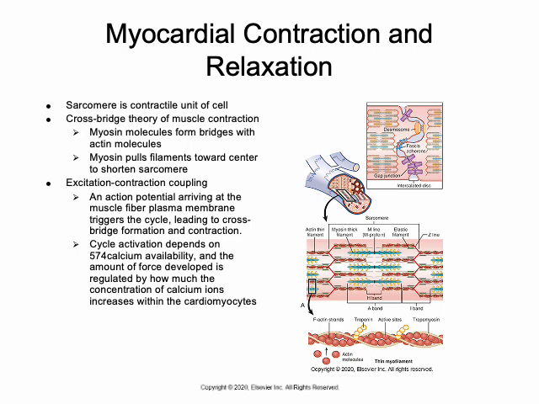The cycle activation depends on calcium availability, and the amount of force developed is regulated by how much the concentration of calcium ions increases within the cardiomyocytes. Calcium enters the myocardial cell from the interstitial fluid after electrical excitation, which increases the membrane calcium permeability. Calcium entering the cell triggers the release of additional calcium from the two storage sites within the sarcomere, and then they diffuse toward the myofibrils, where they bind with troponin.